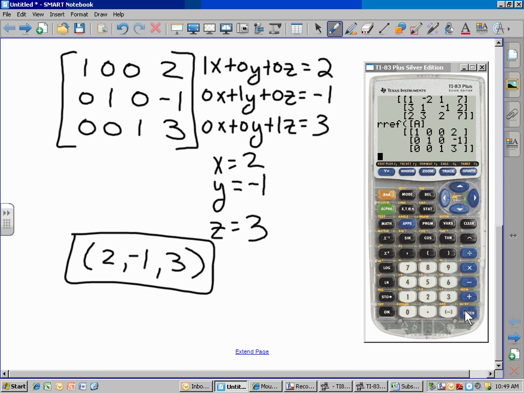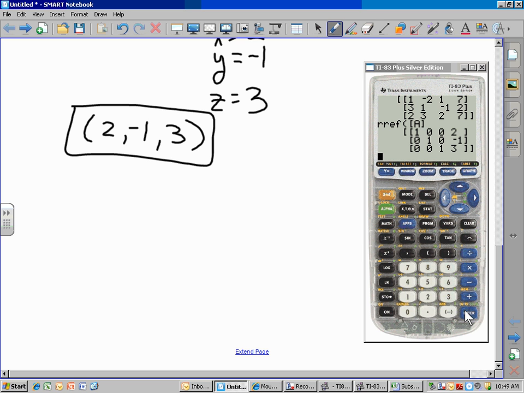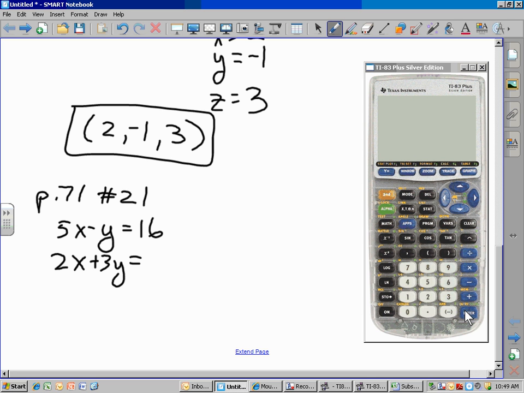All right, let's do the same thing with a 2 by 2. Let me show you how that would work. So I'm just going to pick out one that we've done before. This is number 21 on page 71. Okay, number 21. We did this in the homework. The system was 5x minus y equals 16, and 2x plus 3y equals 3.